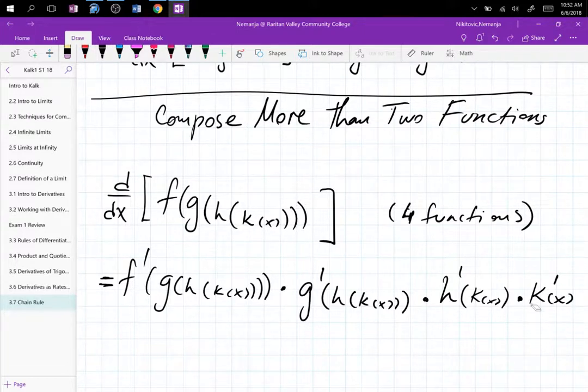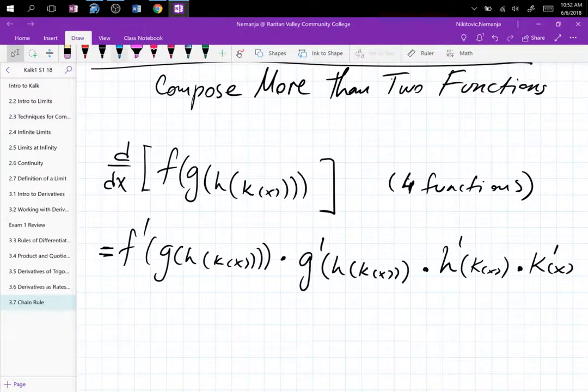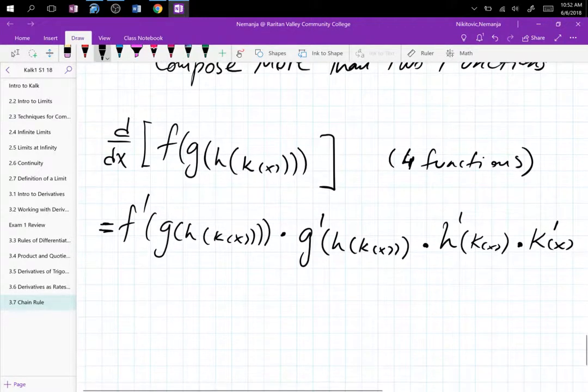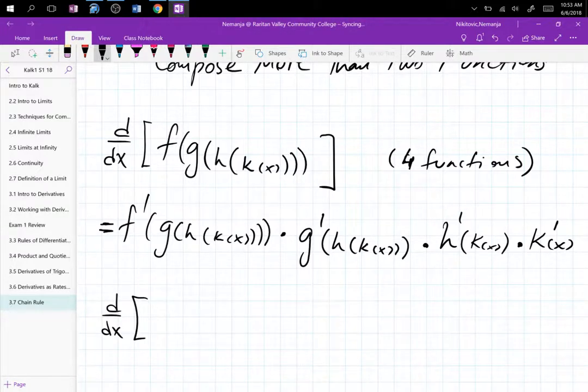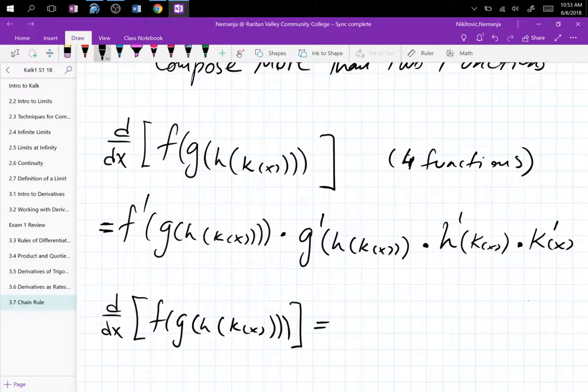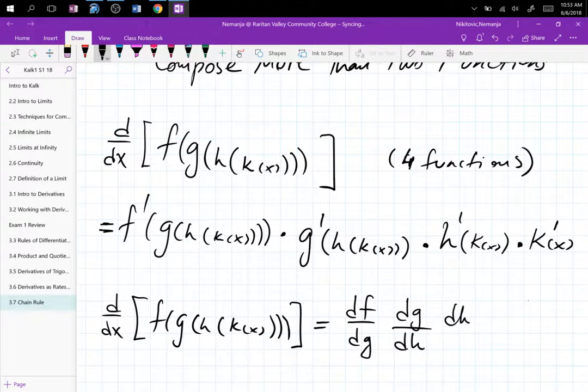That should always match. Now, a much better way to write this formula would be to say, what is the derivative of f of g of h of k of x, and then you close all these parentheses. And the answer to that would be simply df dg, dg dh, dh dk, dk dx.